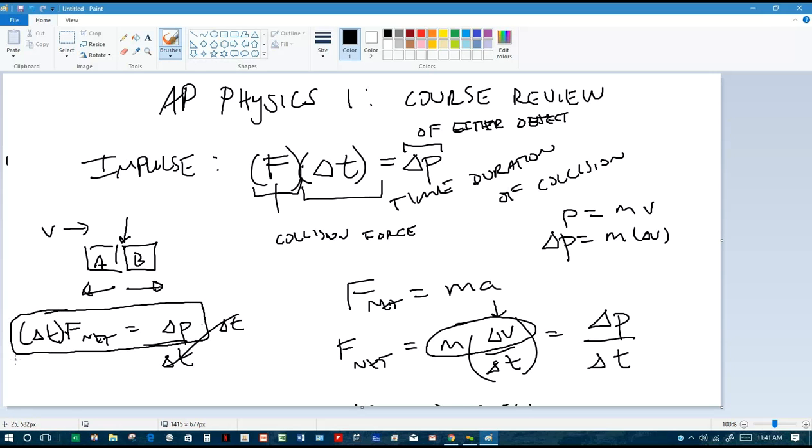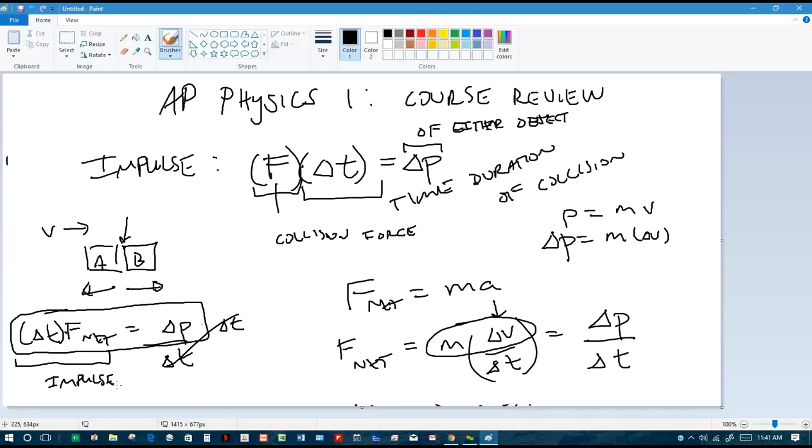This quantity here is defined as impulse. It's how much force is acting during a collision multiplied by how long the collision lasts, the duration of time of the collision. And that quantity is equivalent to the change in momentum that both objects experience while the collision is occurring.